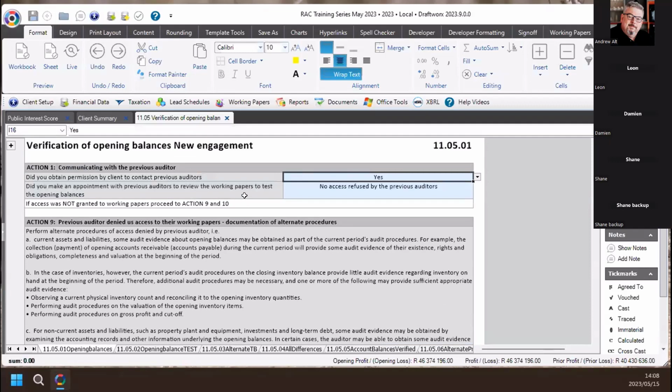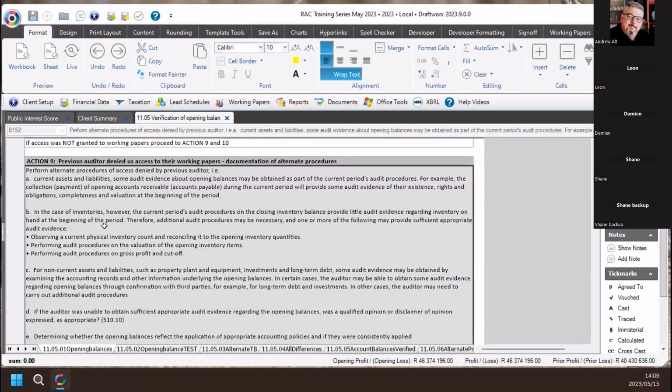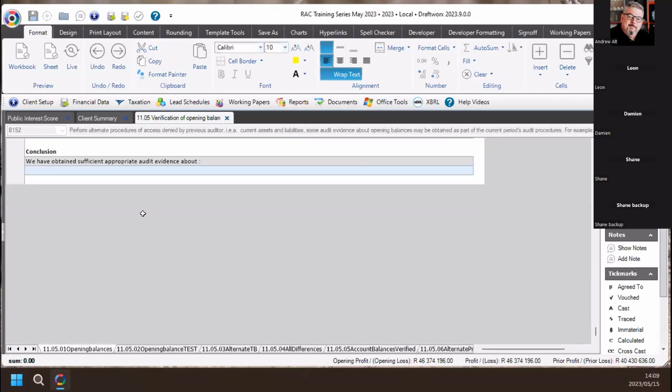Now, in a case where you cannot go to see the predecessor auditor's working papers, whether it's refused by the predecessor auditor or where the client refused you the permission to actually go and speak to that previous auditor, Action 9 goes into quite a lot of detail about the types of procedures we now need to perform.